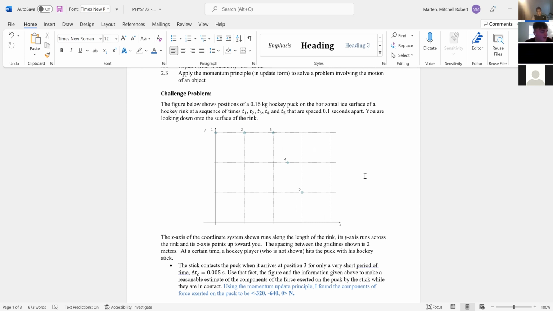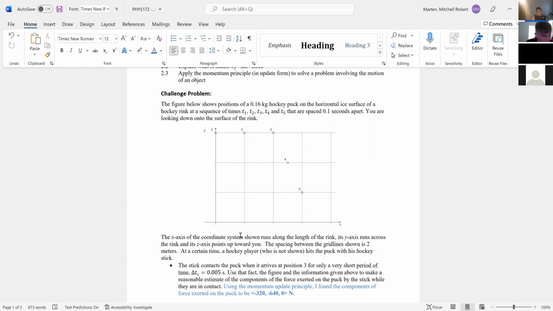So I found the average velocity from position 2 to position 3, and then the average velocity from 3 to 4. Through that, I found the changes in momentum, and then I divided by the change in time, which was 0.05 seconds. And that's how I found the components of force.